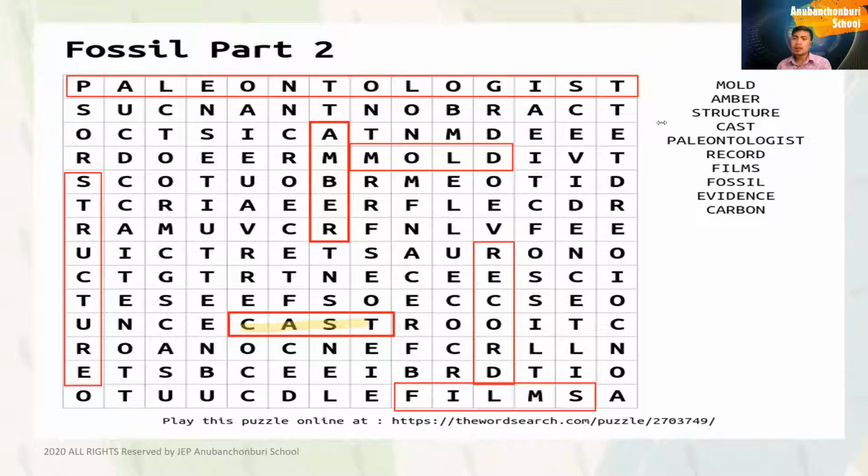Nobody except Nataya and Pirapong can find the word fossil. Okay, somebody raised their hand. Apiwit is finished also. Piradich is finished also. What about the others? Jirayu finished. What about the others? Well, what happened to your classmates? You cannot find the word fossil?